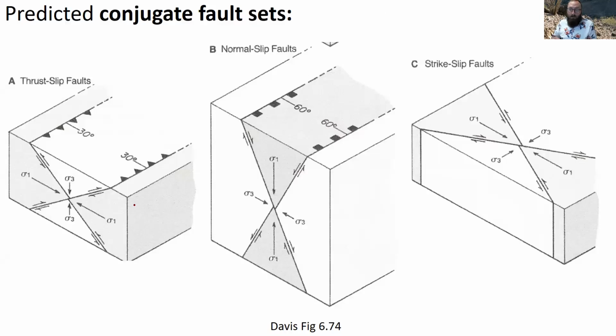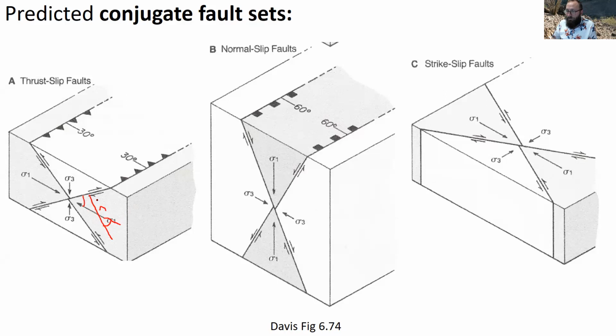Okay, so this slide is just illustrating that again, because theta, for example in this case, here's the normal to the plane. It's this angle between sigma 1 and the normal to the plane.